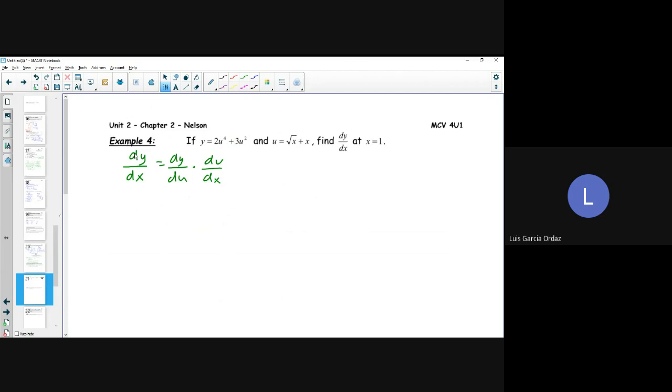All right, so we're going to focus on y is equal to 2u to the 4 plus 3u squared. This can be written as dy over du because we have y and u in the same algebraic function. So I can just use my power rule and find the derivative of 2u to the 4 plus 3u squared. What would my dy over du be?